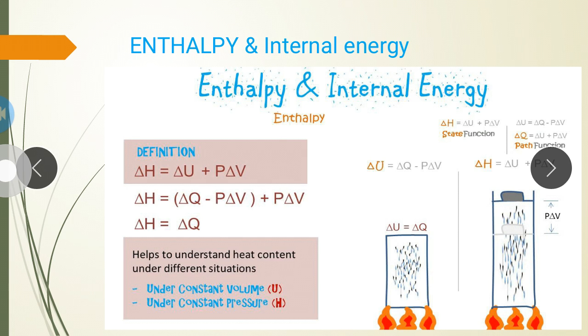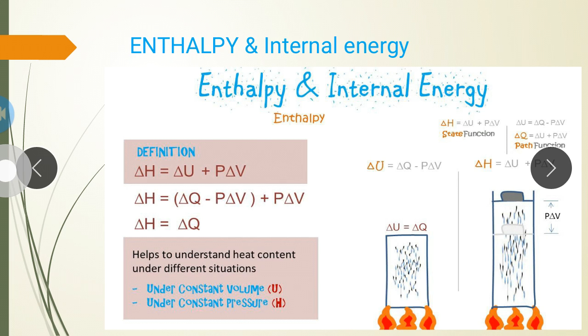through this diagram. So here delta H is equal to delta U plus P delta V, and in the second step, delta H is equal to, instead of internal energy change, delta Q minus P delta V, as it is given here, plus P delta V. Okay, so if minus P delta V and plus P delta V cancel out, then delta H is equal to delta Q. Change in enthalpy will be equal to change in the quantity of heat absorbed.